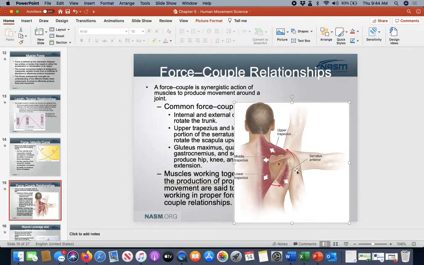This is bringing the arm from a resting position to 90 degrees and then up to close to, not truly, but maybe 140, 150 degrees of shoulder abduction. You'll see here as you look at the red arrows and the little dot, the dot is what we call the axis of rotation.